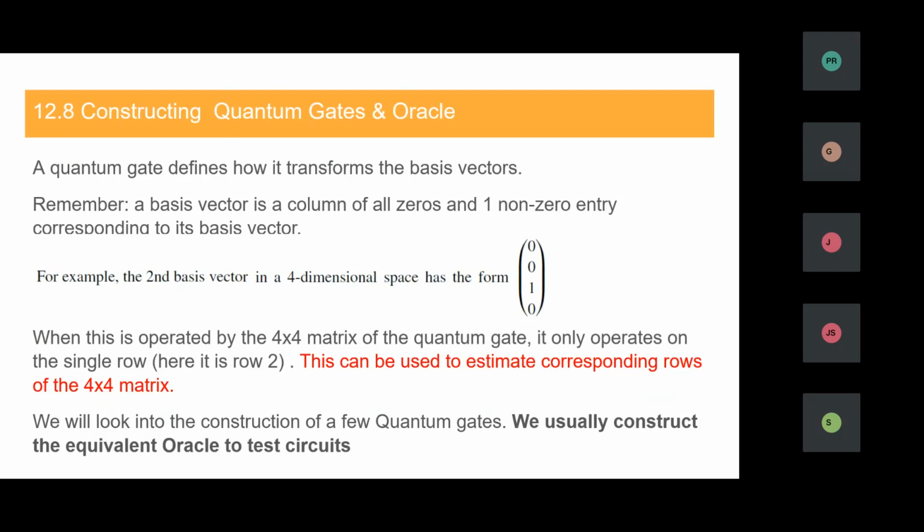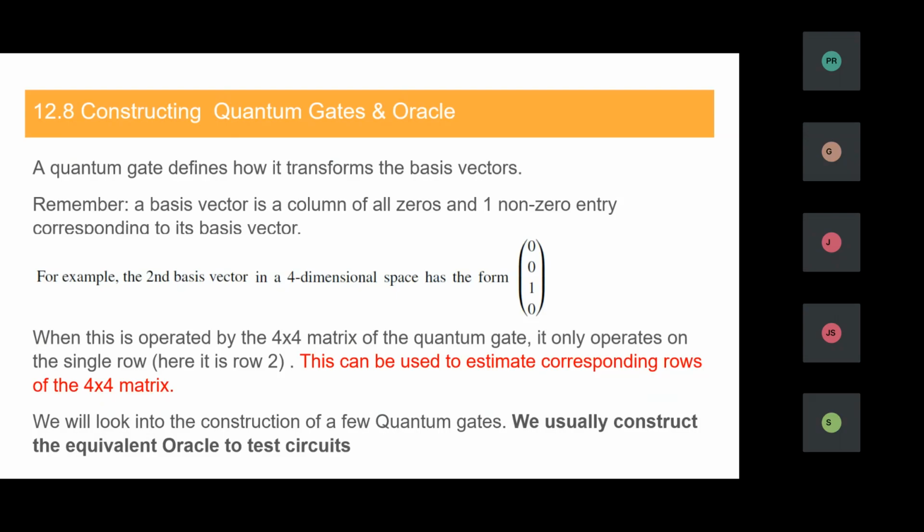So from what we have learned so far, if I have any basis vector to be represented, the simplest representation is in the form of a column. It contains essentially a column of all zeros except for one 1, and that particular 1 denotes the position of the basis vector.